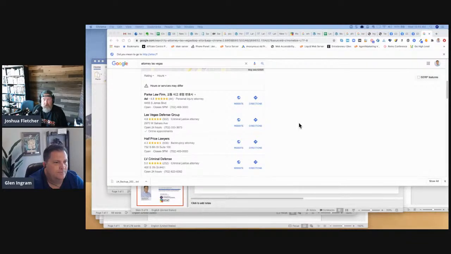What a lot of search engine optimization companies do, I say search engine optimization companies a little bit facetiously, because what they're doing is actually ranking you potentially for terms that really don't get much traffic at all. Something that we refer to as a long tail keyword, or even a junk keyword.